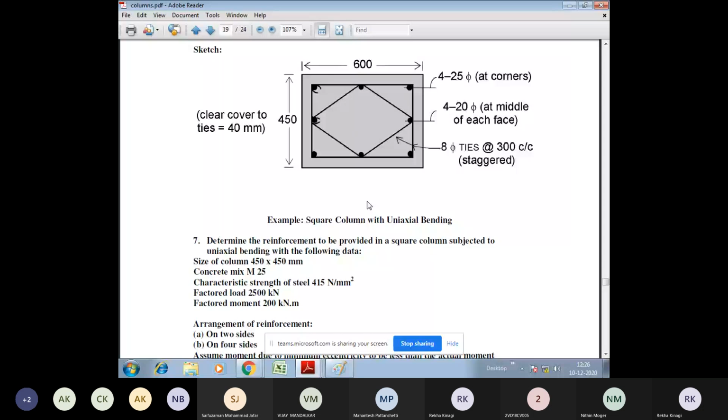Now, let's proceed with column with axial load and uniaxial bending. So how to design such kind of columns? In order to design such kind of columns, along with IS 456, we need one more code book, that we call SP16.